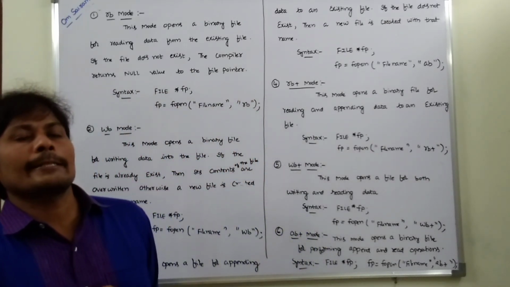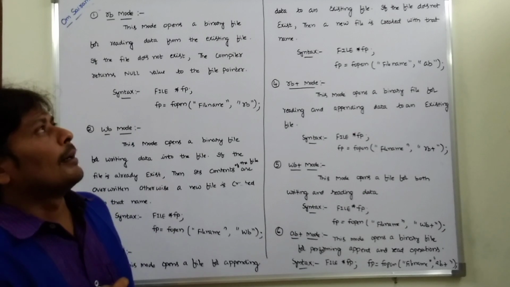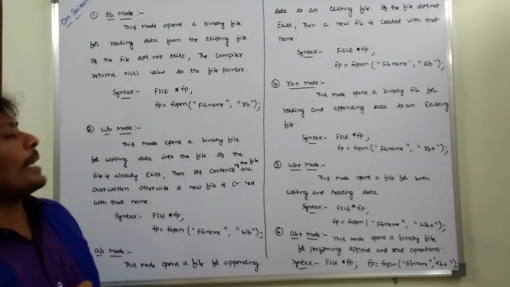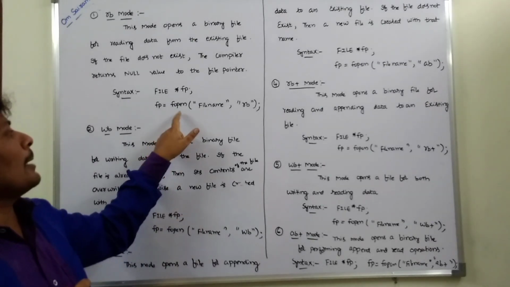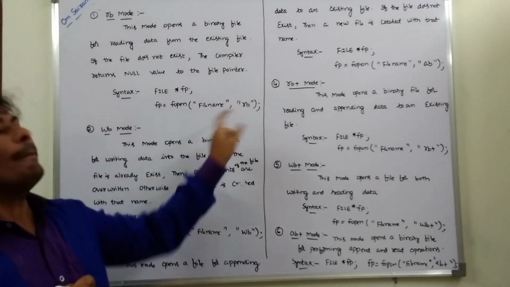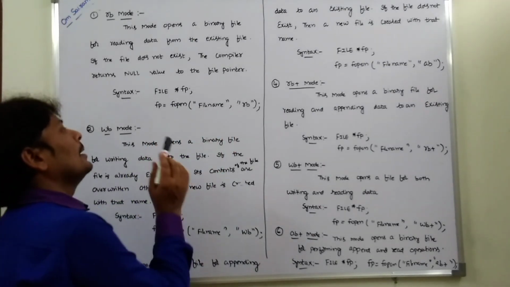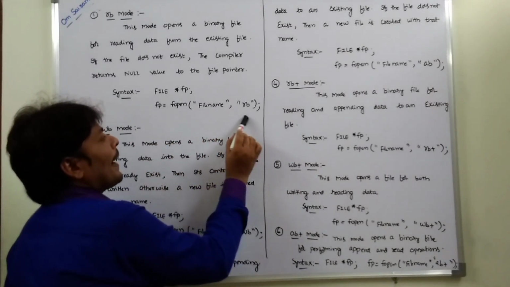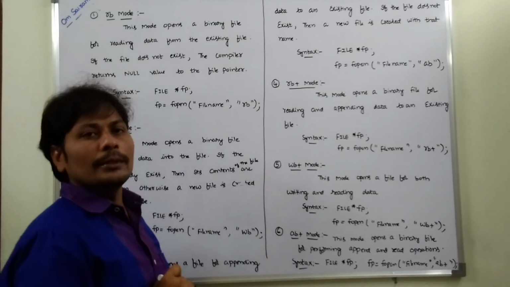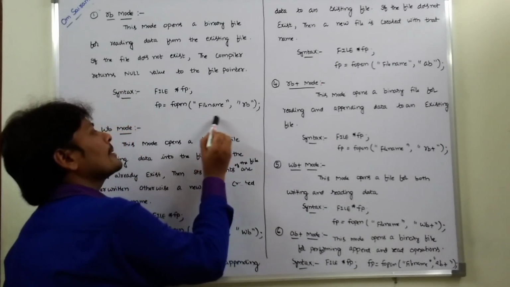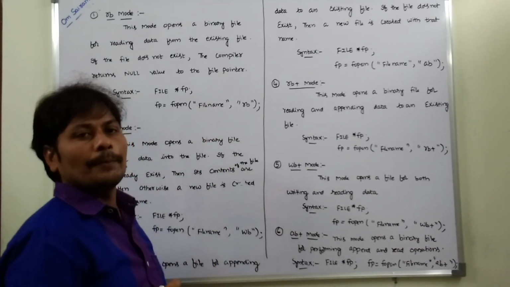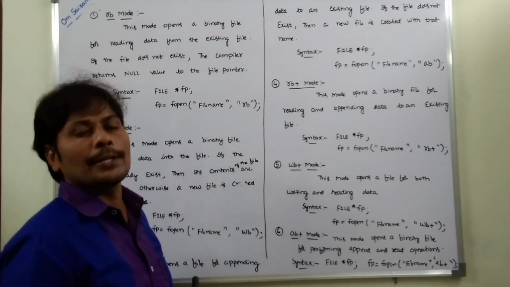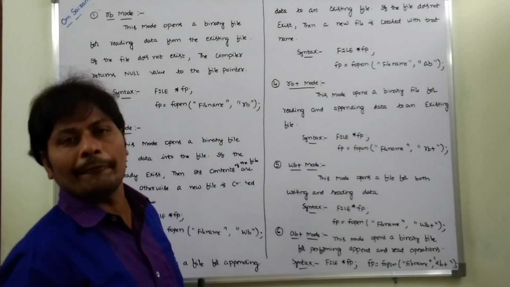The syntax is file pointer fp, fp is equal to fopen file name RB. So this mode opens a file in RB mode. If the file already exists, then we perform the read operation on the given binary file.